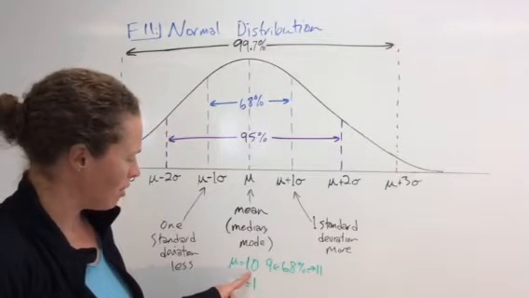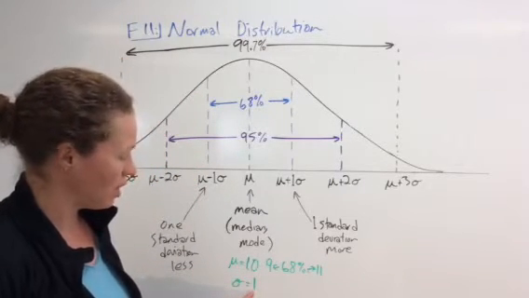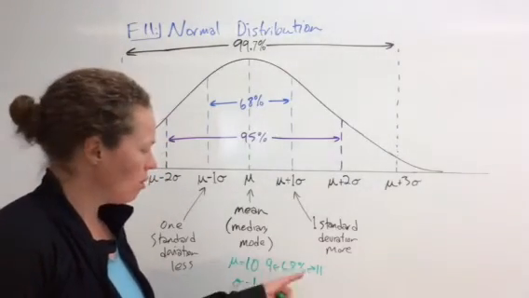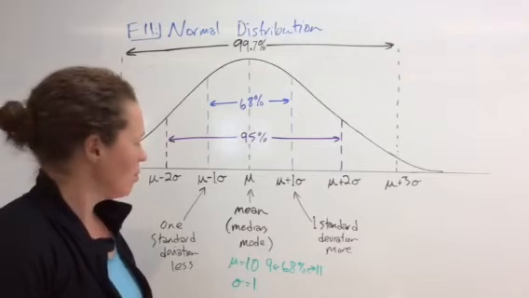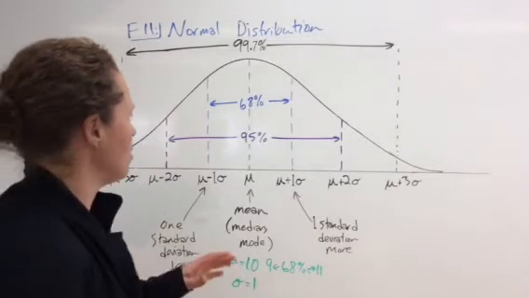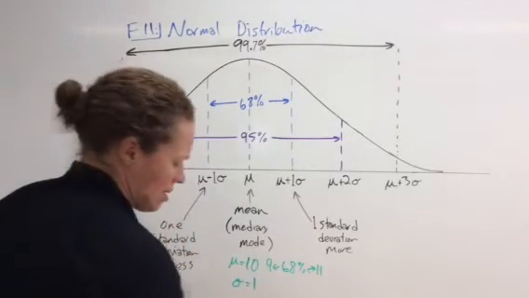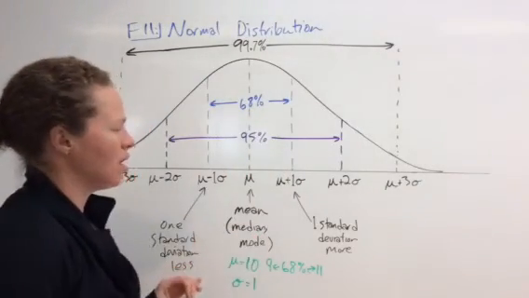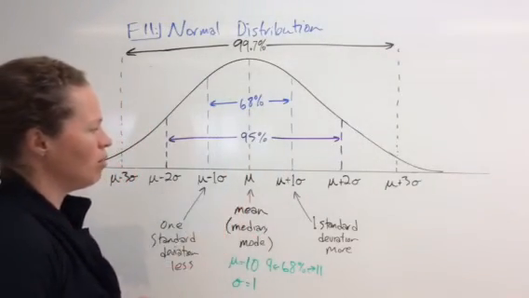So 10 being my mean, 1 standard deviation less would be 9, 1 standard deviation more would be 11. So that's kind of how this is trying to show you where the data sits. So 68% of your data should be within 1 standard deviation of your middle point.